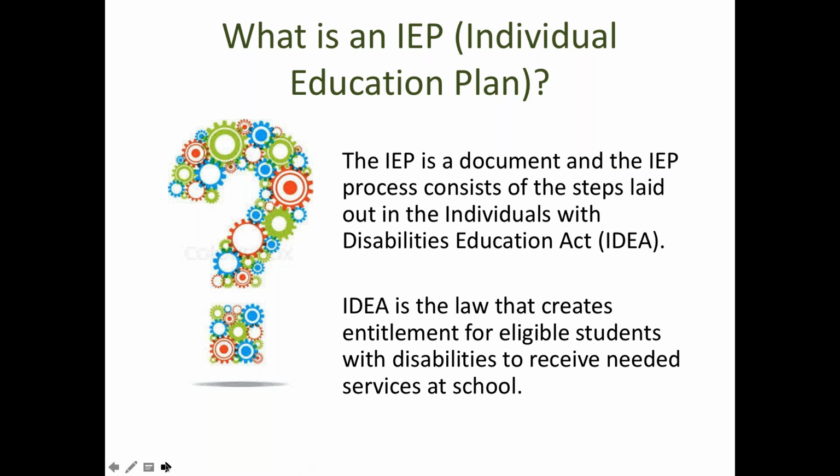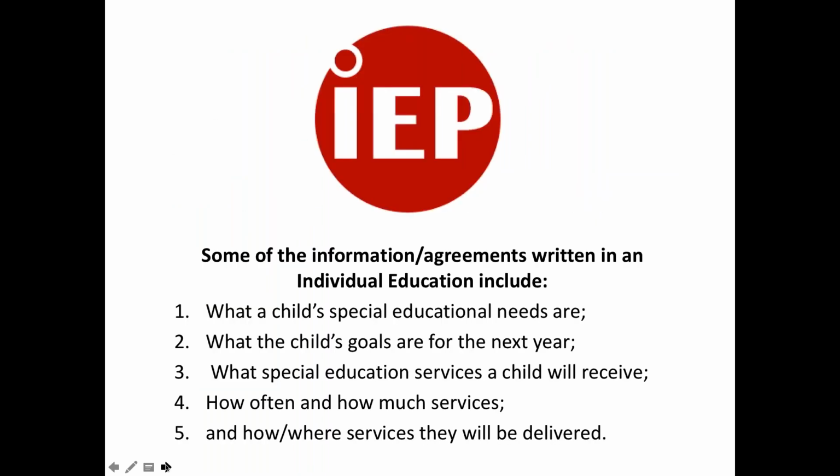So if you're watching this and you're from another state, hi, but you're welcome to be here. But some of the things that we might talk about may be specific to California, and I just wanted people to know that again. And then finally, IDEA, that law, is the law that creates the basic entitlement for eligible students with disabilities to receive the needed services at school. So when we're talking about kids with disabilities, for the most part, we're talking about this law, IDEA.